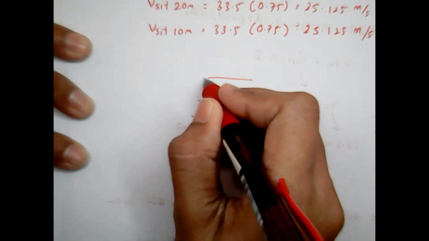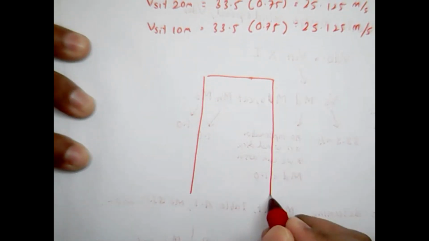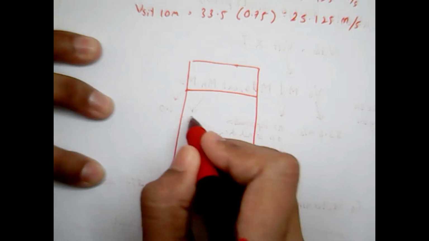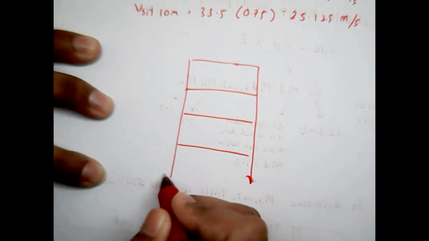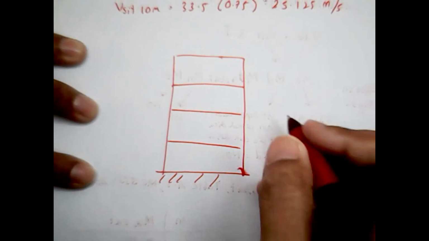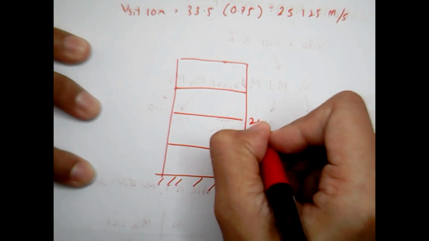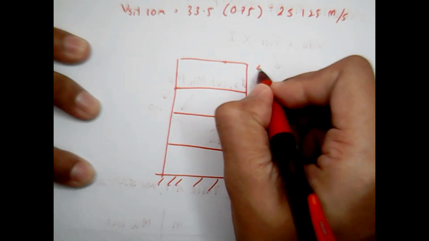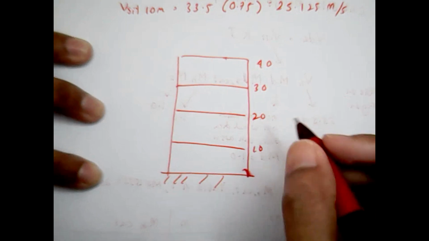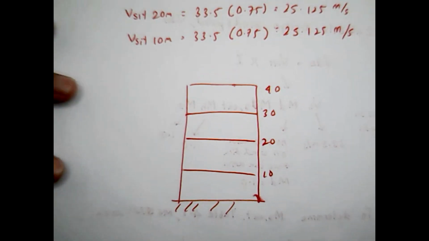So for the profile of your structure, this is your building: 10 meter, 20 meter, 30 meters, and 40 meter. You can have it like a scale.